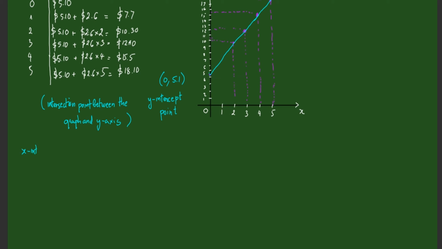So the x-intercept point is the intersection point between a graph and the x-axis.